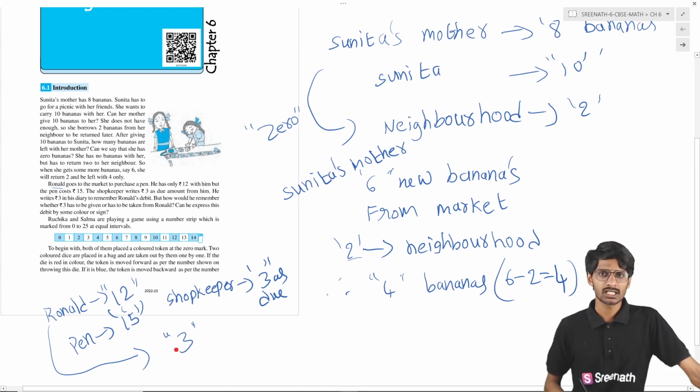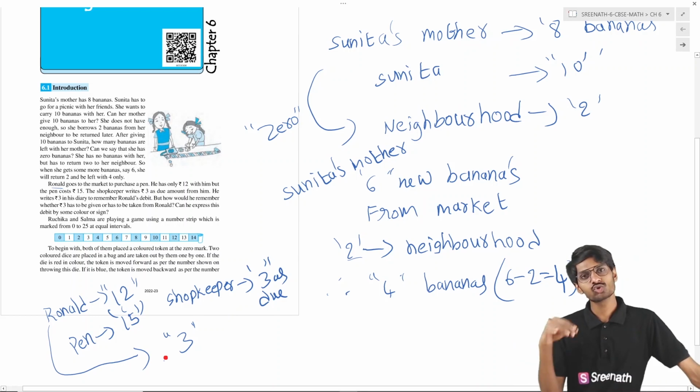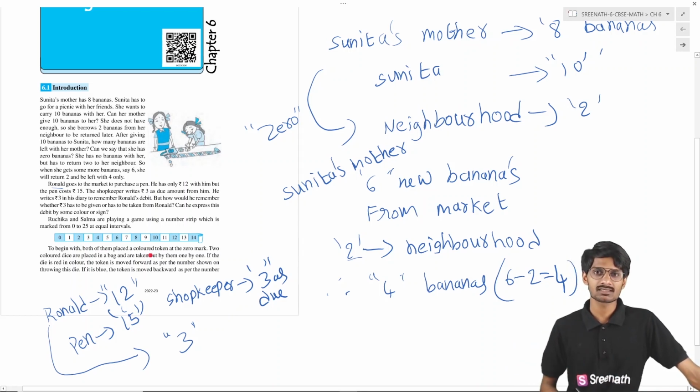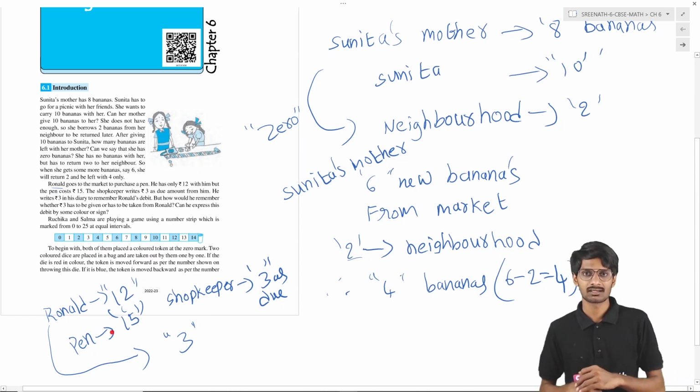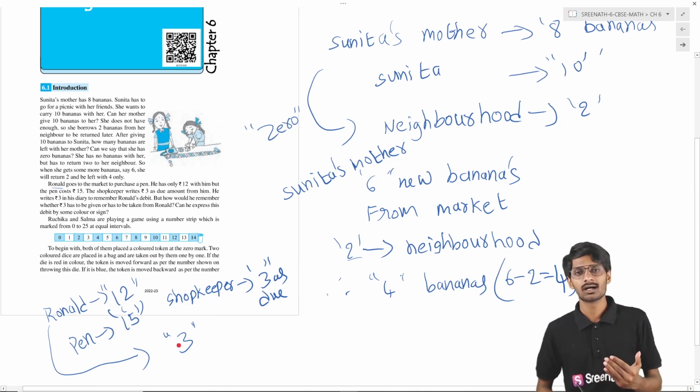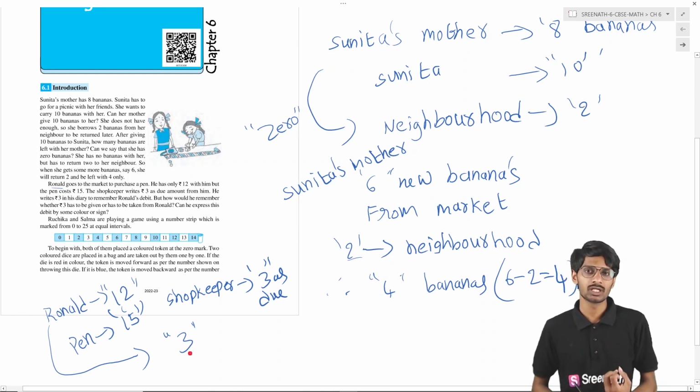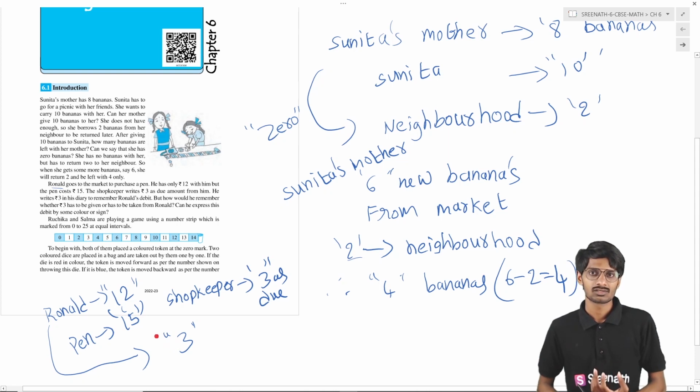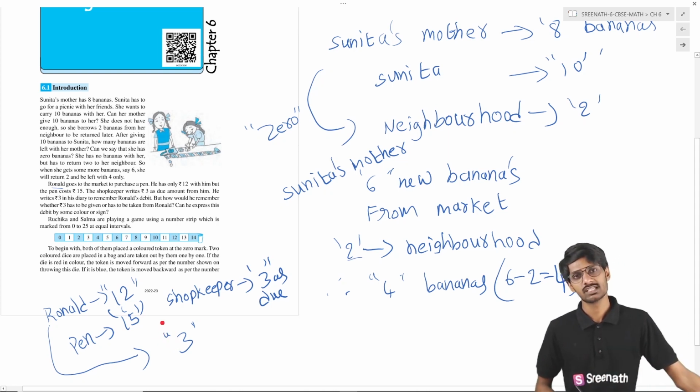He wonders whether he has to give 3 rupees to the shopkeeper, or the shopkeeper has to give him 3 rupees. So this is the doubt that Ronald has faced. That is the confusion he is getting.